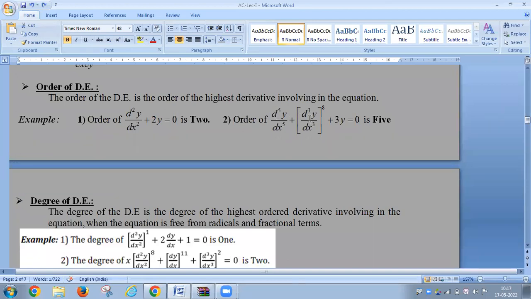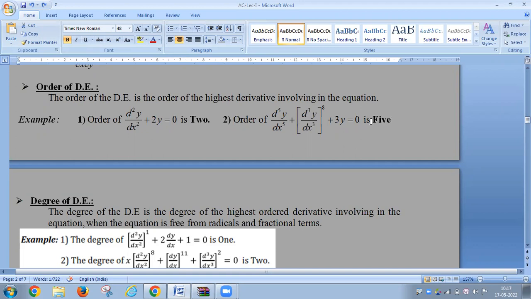This is the third order derivative, d cube y by dx cube. So first we have to look at the highest derivative. The highest derivative is the fifth order derivative, d power 5 y by dx power 5. So the order of this highest derivative is 5, so the order of this differential equation is also 5.